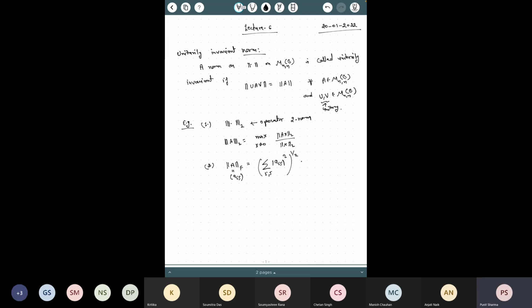This is nothing but the trace of A star A. It's the same thing. Using the trace property, you can easily verify that the Frobenius norm is also unitarily invariant. We will use this fact in today's lecture. That's why I have introduced it here.